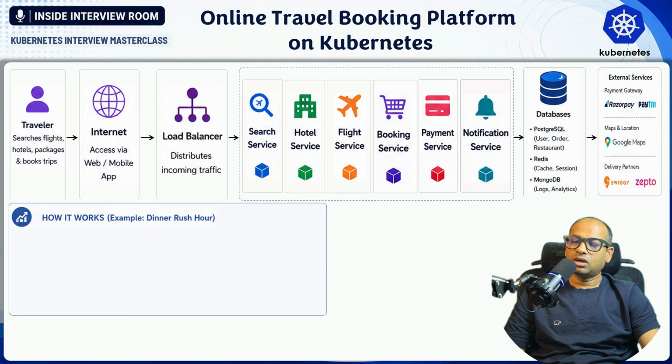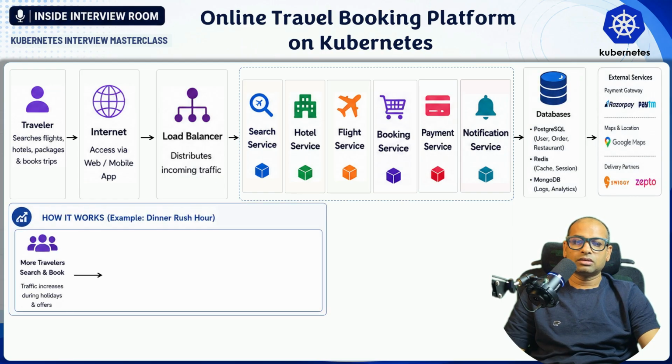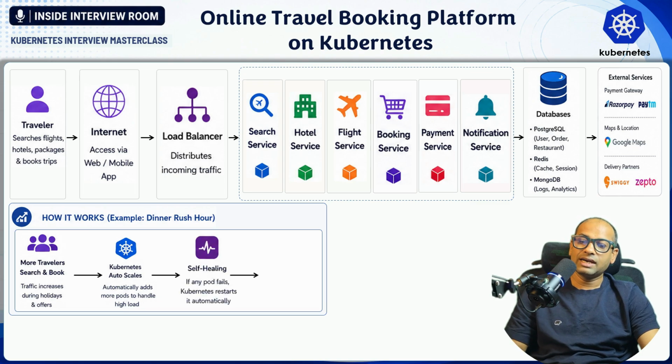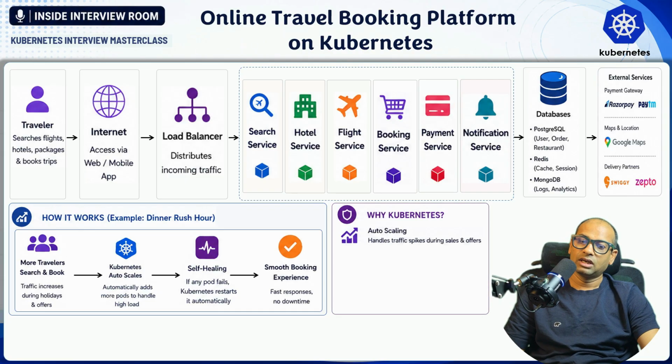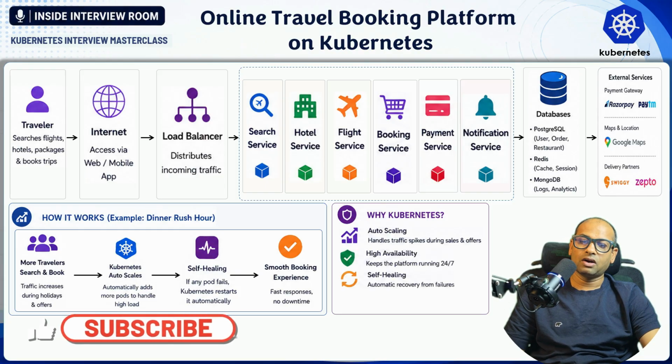How it works: more travelers search the service and book flights. Traffic increases during the holidays and offers. Kubernetes autoscales, adding more pods to handle the high demand, with self-healing and a smooth booking experience. Why is Kubernetes required?